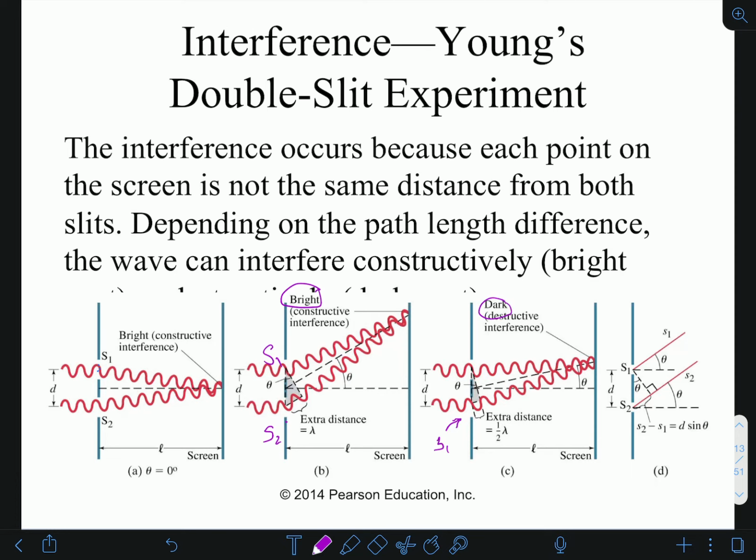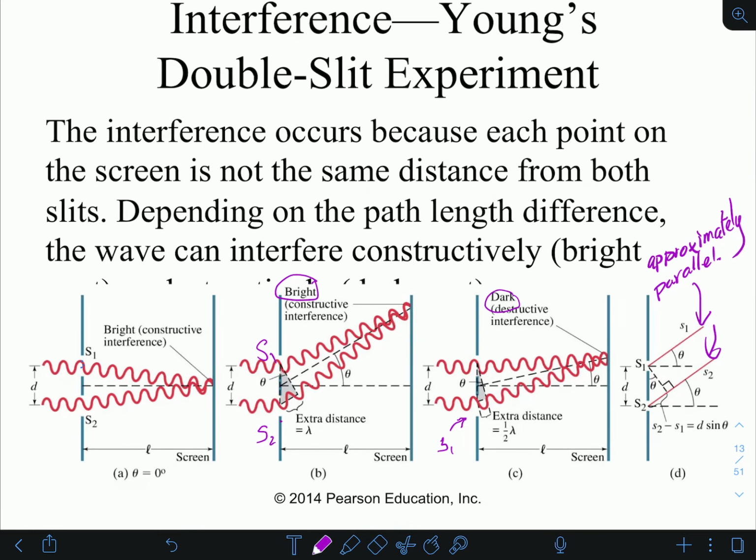So let's look closer at the geometry so that we can look at this path length difference. We make the approximation that these rays are approximately parallel. How do we make that approximation? Well, we say that the screen is far away compared to the separation d.